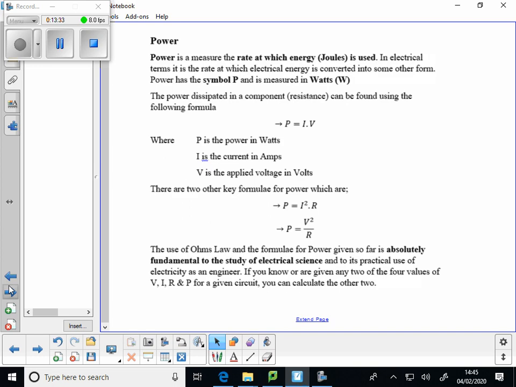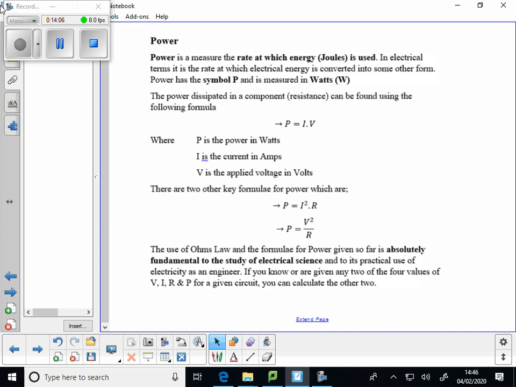Power. This is the rate at which energy, measured in joules, is being used. In electrical terms, it's the rate at which electrical energy is converted to some other form. That be light, heat, rotational motion, etc. So we have 3 different formulae for power, and it's worthwhile remembering them all, so you can use the appropriate one according to the information you've been given.